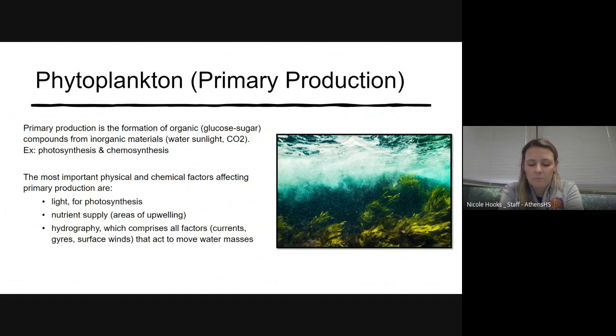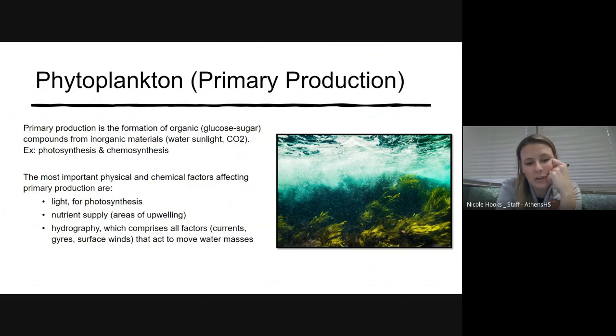hydrogen sulfide. Sorry, I was totally blanking on the word for a second there. But it's either methane or it's hydrogen sulfide. Most important things that they need for photosynthesis would be light and nutrients, and other things that affect primary productivity will be hydrography.